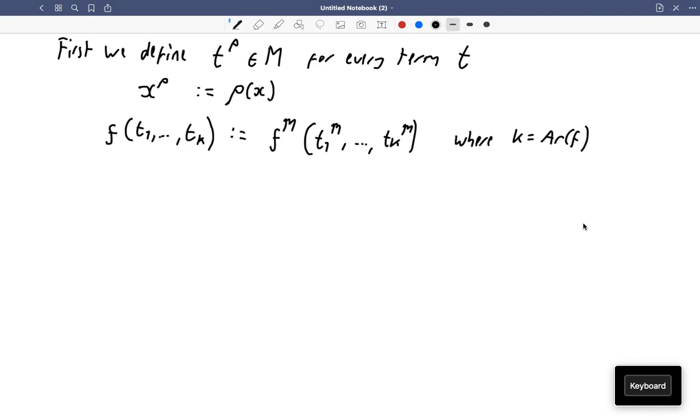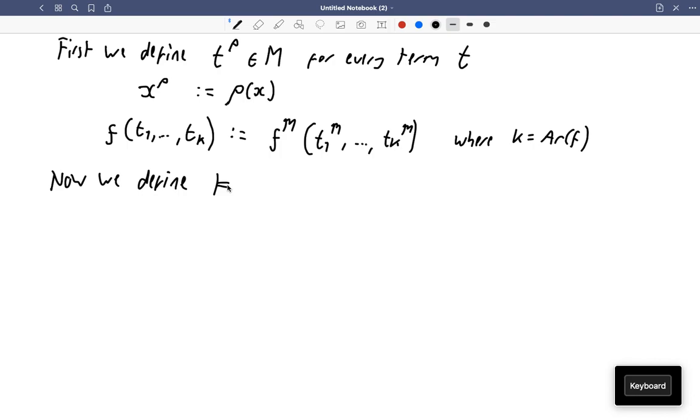And having done this, having interpreted terms, we can now define the satisfaction relation. So now we define the satisfaction relation.